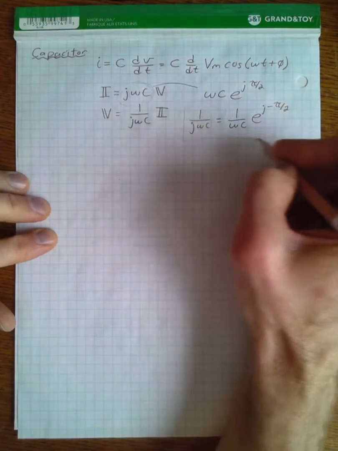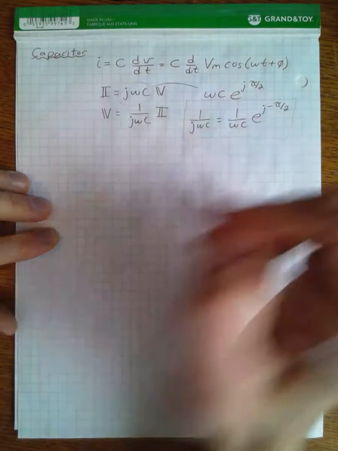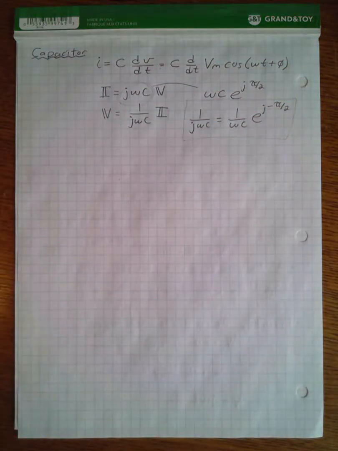And so that is important to realize, right? This j omega C term is just a complex number with a magnitude and a phase, so we can take the reciprocal of it just like we would any other complex number.